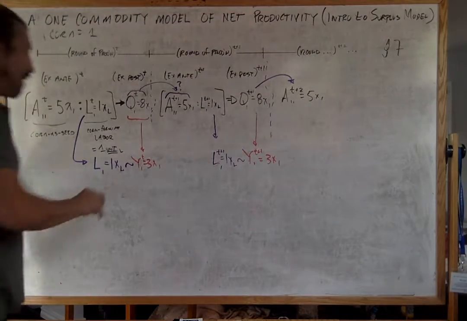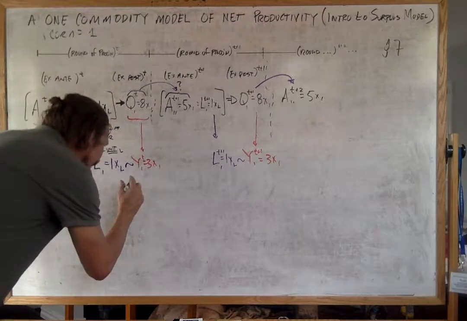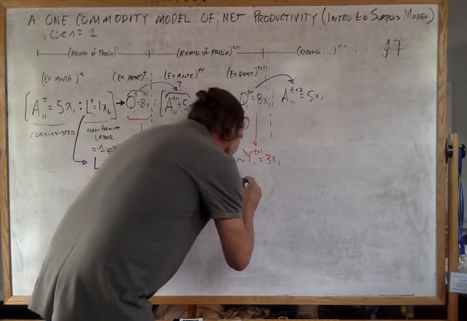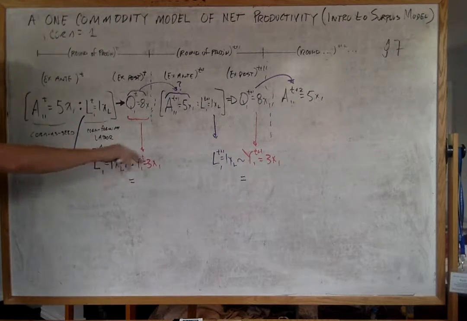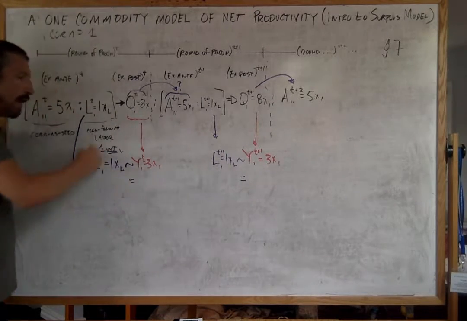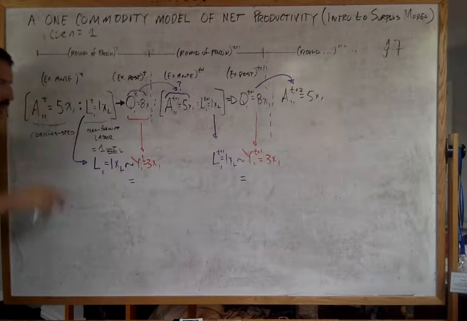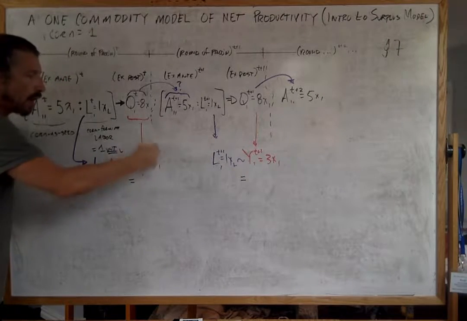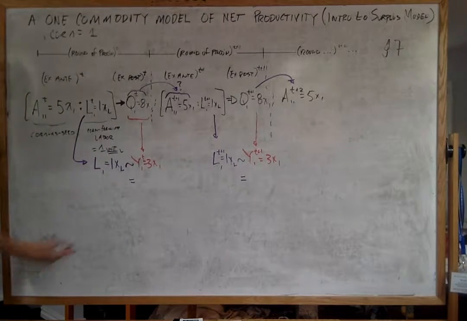Now, in a value relation, we can set these two equal, right? In a non-value use-value relation, all we're doing is establishing congruency between the quantities of productive hours on the input side, quote unquote, and the quantities of newly produced quarters of corn, or newly produced output, on the net output side. So we have this relationship here.